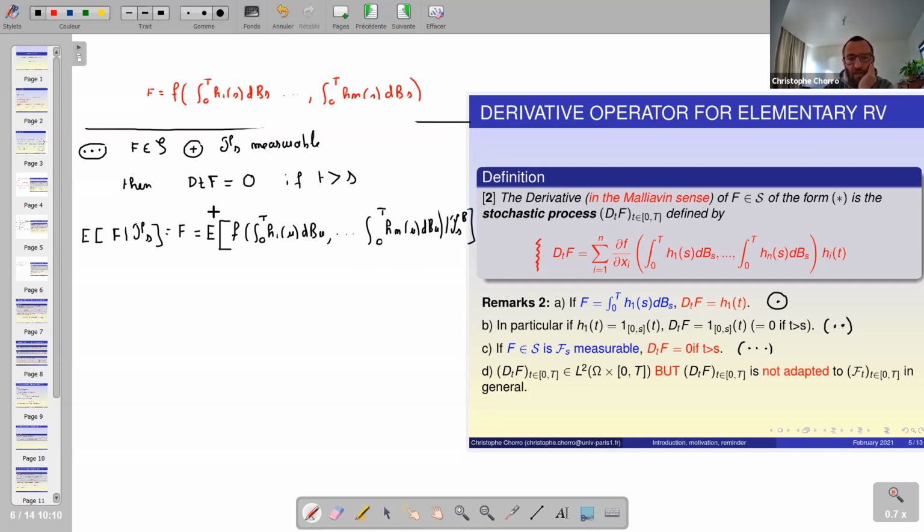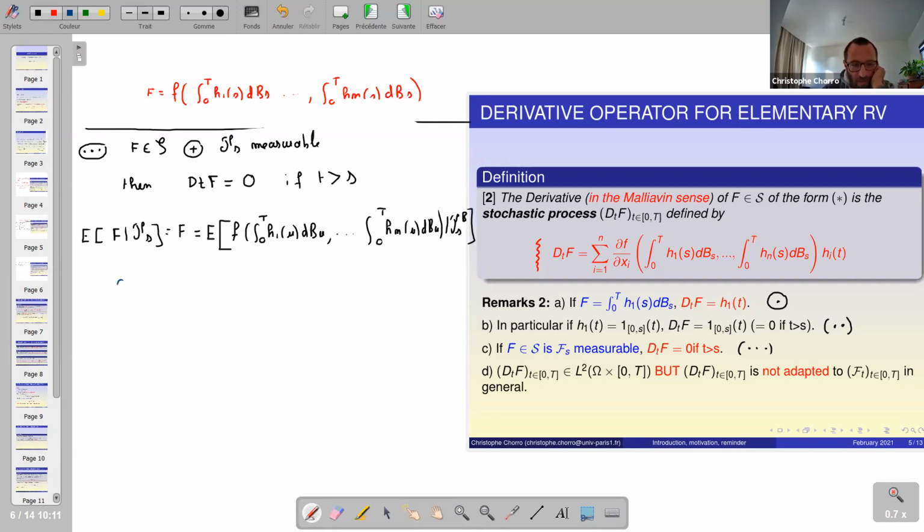So I have to express this conditional expectation. But as usual, when you have a conditional expectation to compute or to simplify, it is often nice to distinguish a part that is F_s measurable, F_s being the Brownian filtration at time s, and a part that is independent.